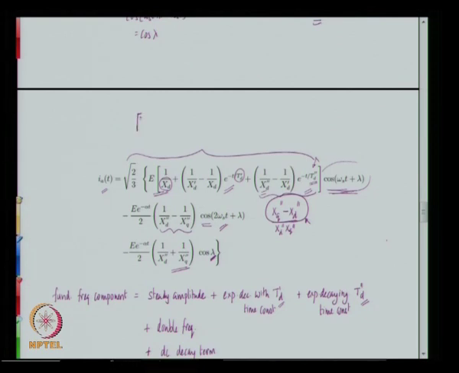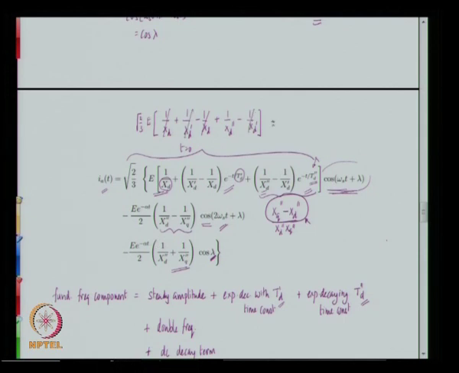So what you have is root of 2 by 3 multiplied by E into 1 by xd plus 1 by xd dash minus 1 by xd plus 1 by xd double dash minus 1 by xd dash. Evaluating it at t equal to 0, we see 1 by xd cancels with this 1 by xd, and 1 by xd dash cancels with this 1 by xd dash.